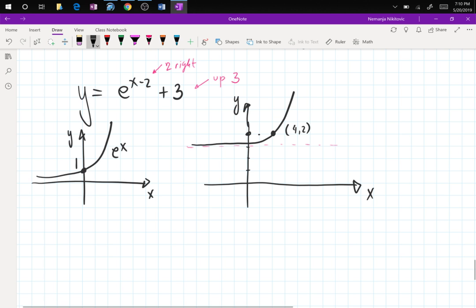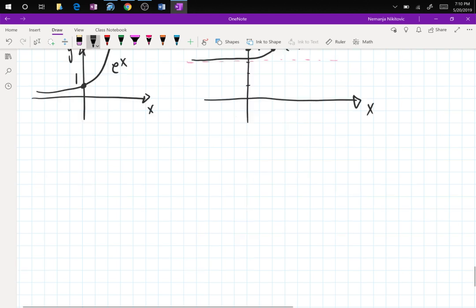All of your functions will behave the same way. Some of them have anchor points that you get to shift. Some of them only have asymptotes that you get to shift. Some of the more popular functions for calculus would be those rational functions, like y equals 3 over x plus 5.